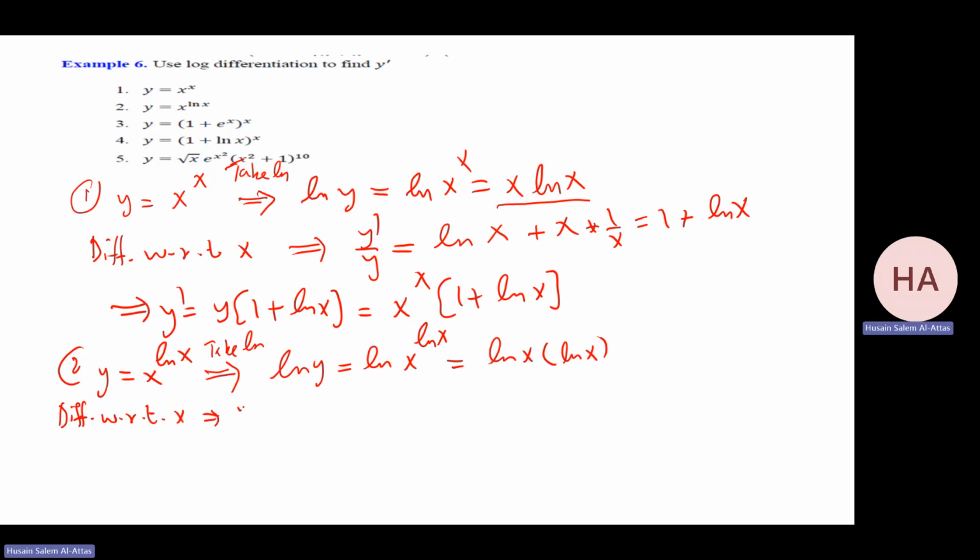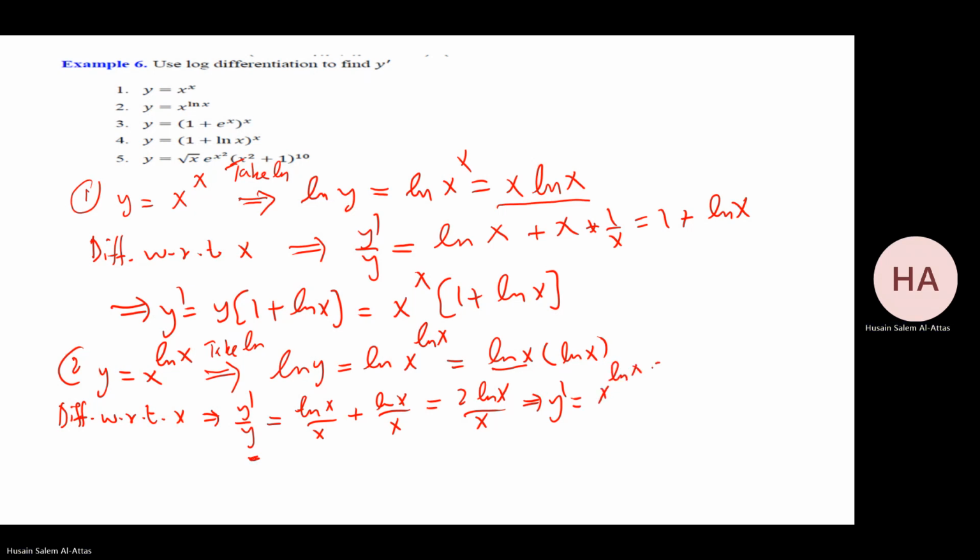I get y prime over y equals derivative of the first, ln x over x, plus ln x over x, which is 2 ln x over x. So y prime will be y, which is x to the power ln x, times 2 ln x over x. You can leave it like this.